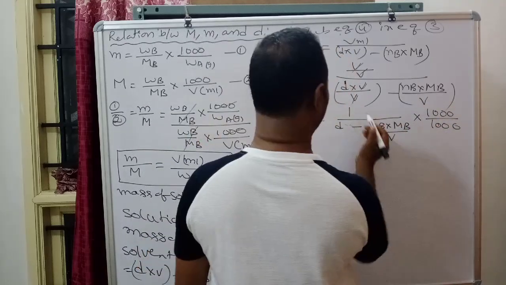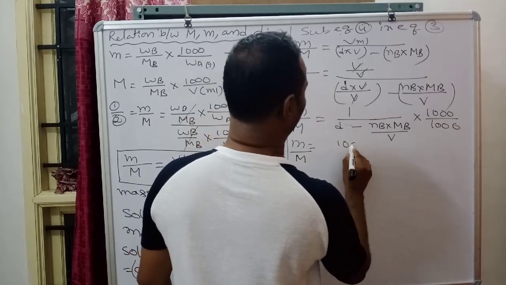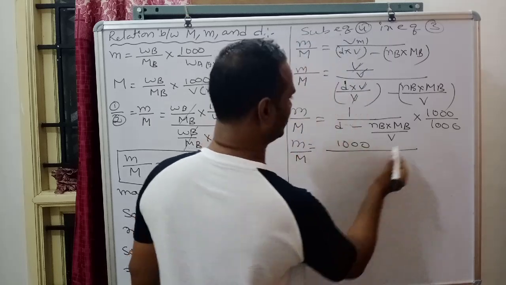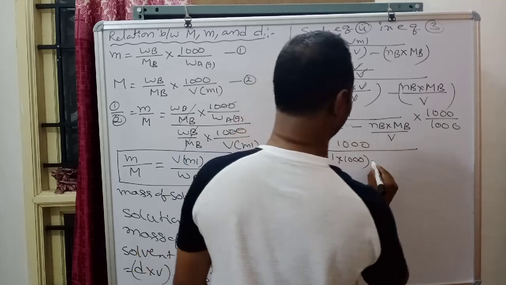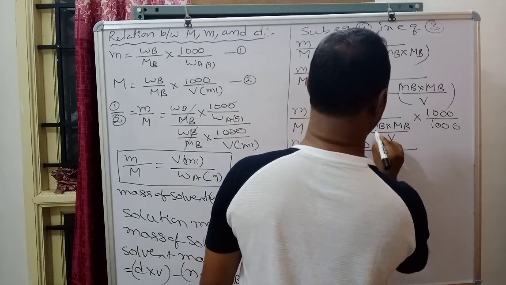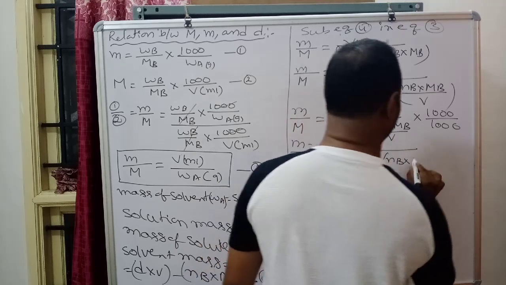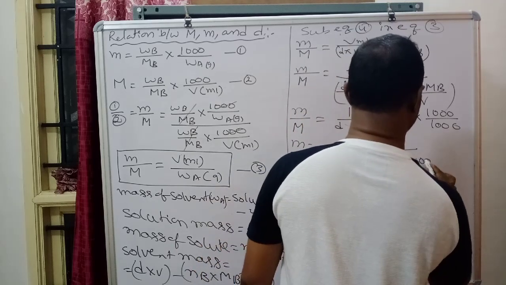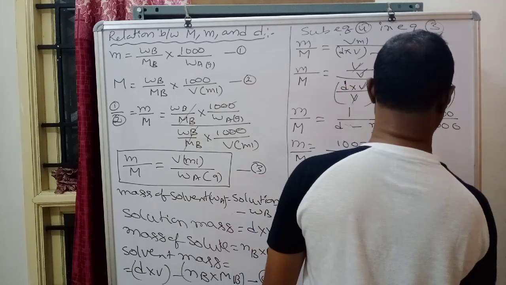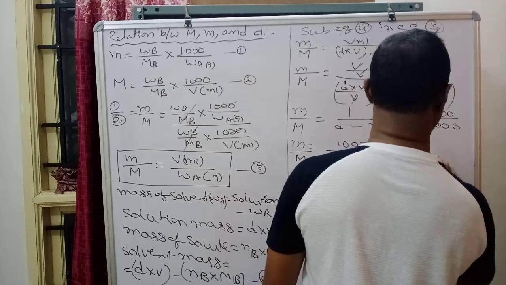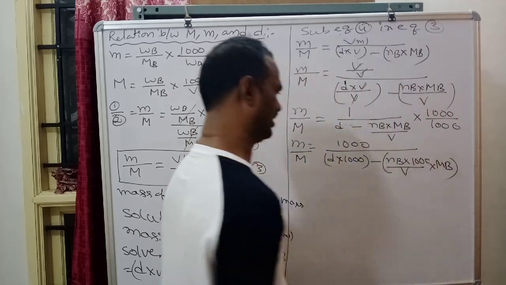So here, what multiplied inside, what we are getting: 1000 all by D into 1000, minus 1000 again, NB, the number of moles of solute, into 1000 by V, into MB.